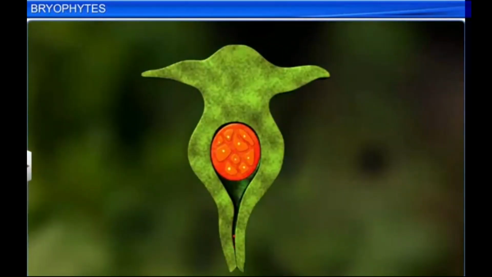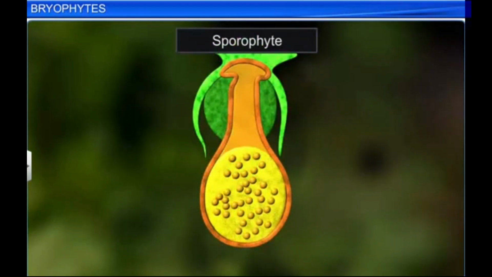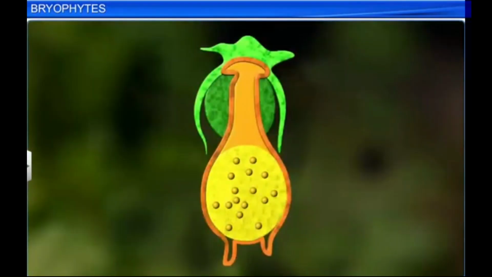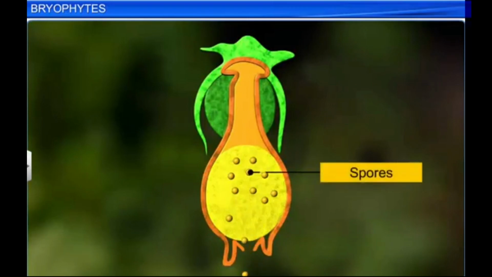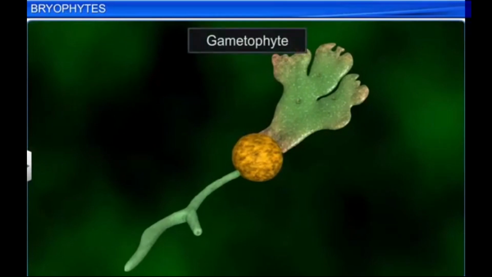One antherozoid fuses with the egg to form a zygote. The zygote in turn produces a multicellular body called the sporophyte. The sporophyte gets its nutrition from the gametophyte. Some cells of the sporophyte undergo meiosis to produce haploid spores. These spores germinate to produce a gametophyte.